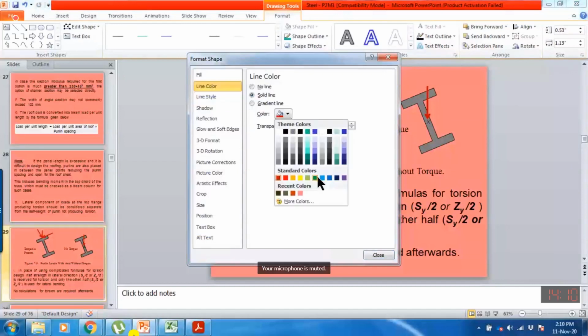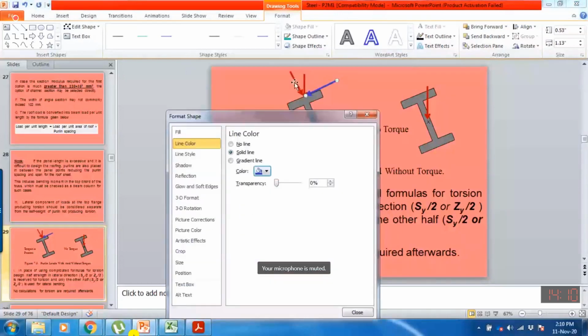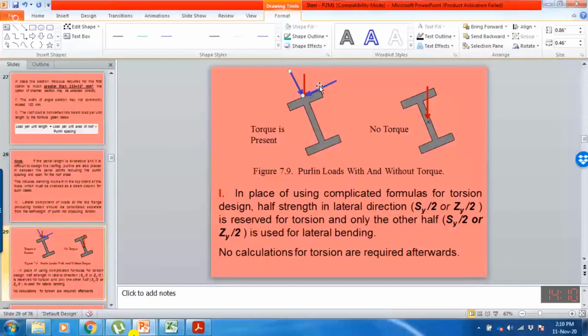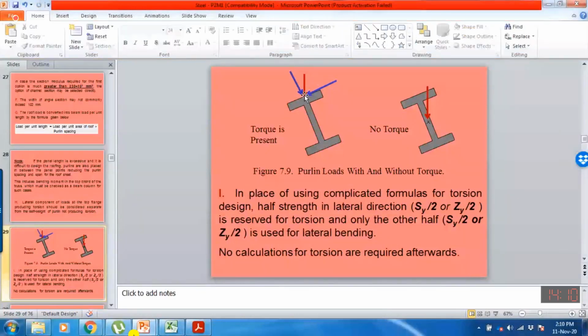Blue will be okay. So all types of load are acting in the gravity direction, and the roof sheeting is placed on the top part. It means that this purlin is inclined because it is placed on the top part, which is inclined. So all the dead and live load are acting at this top point.